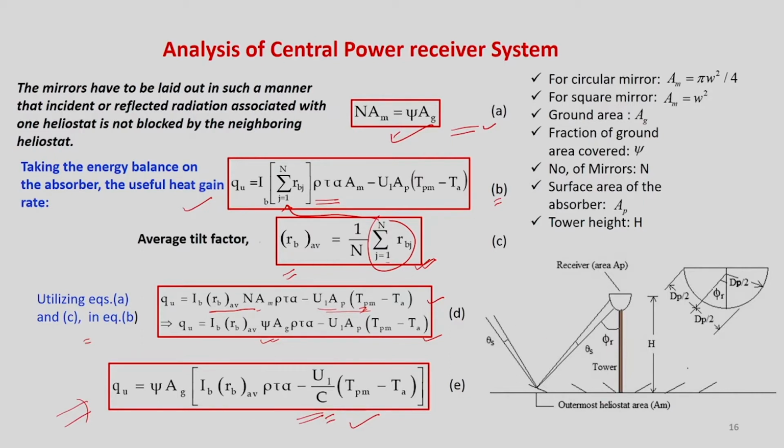Here, this is the height of the collector, the central receiver system, and this is the receiver area, right, and solar radiation is falling on the last heliostats and it is reflected to the observer. When it makes an angle with this height of the collector or height of the central power receiver system, this angle is known as phi r, which is also called the rim angle.